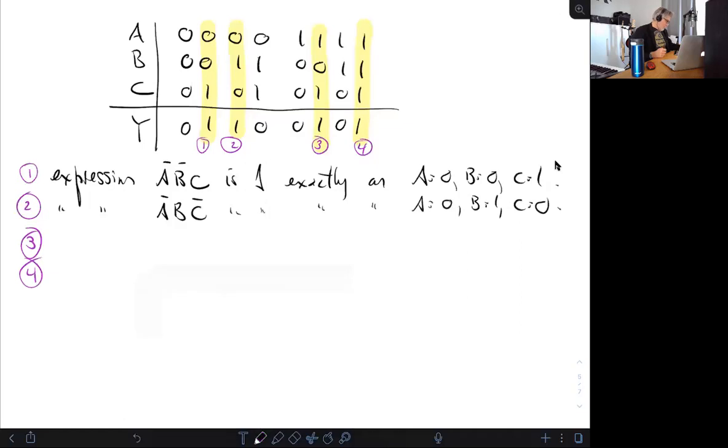So for the third one, I want my expression to be 1 for input 1, 0, 1. So I'll take A, B bar, C. And finally, the last one, 1, 1, 1. That's easy. ABC.